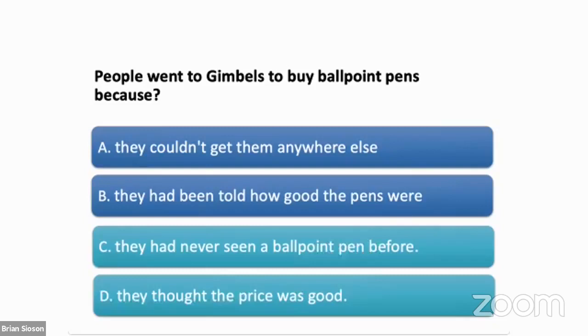B, they had been told how good the pens were, so they have been informed perhaps that the pens are of good quality. Letter C, they had never seen a ballpoint pen before. Never have they ever experienced holding a pen like this or seeing this at all. Or letter D, they thought the price was good. It is affordable, right? When you say the price is good, then it is affordable.